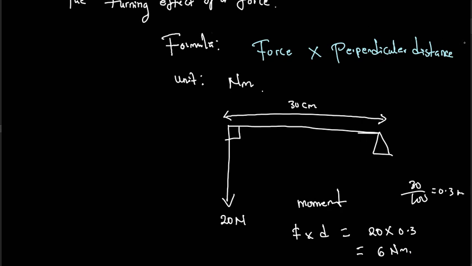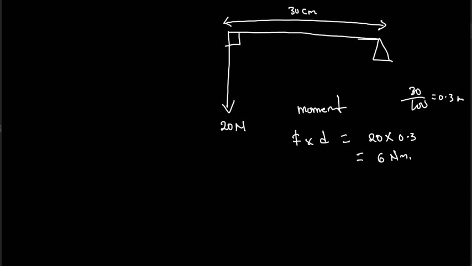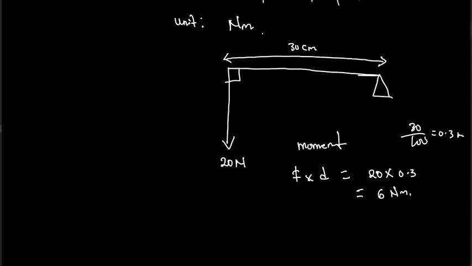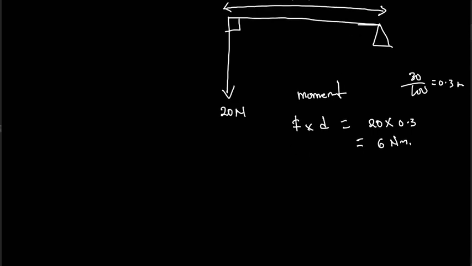Alright, the reason why we're even emphasizing the force being perpendicular to the distance from the turning point is because we can have cases like this where, for example, this is the distance from a turning point, and then you have a force which is acting at an angle.